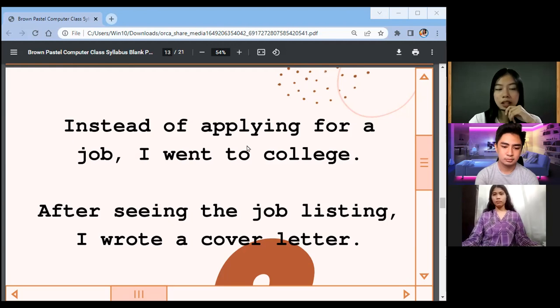And the second sentence, after seeing the job listing, I wrote a cover letter. The preposition is after and the gerund is seeing. Okay, thank you. Let me just correct you in the first sentence. Our preposition here is instead of. It's the two-word group which acts as a one-word preposition.